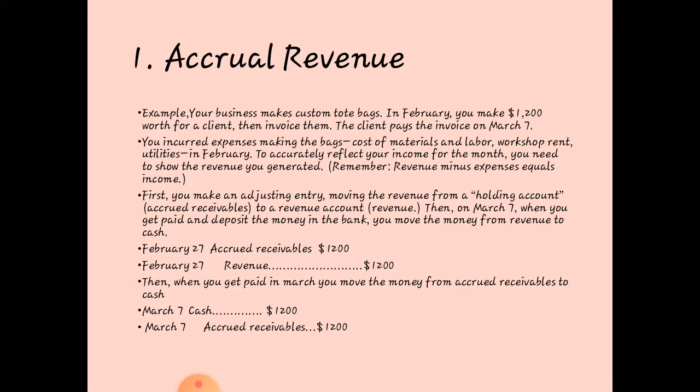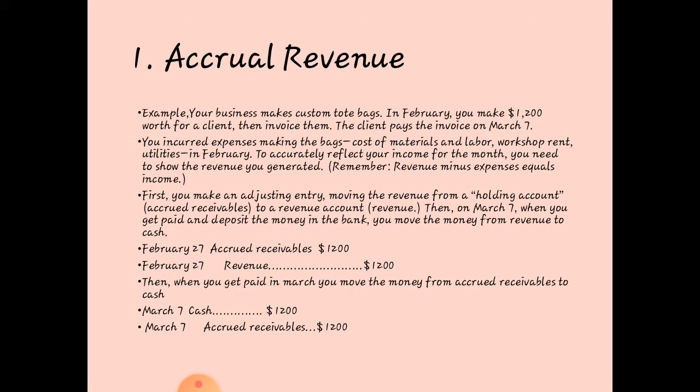The client pays the invoice on 7 March. You incurred expenses making the bags: cost of material and labor, workshop rent, utilities in February. To accurately reflect your income for the month, you need to show the revenue you generated.